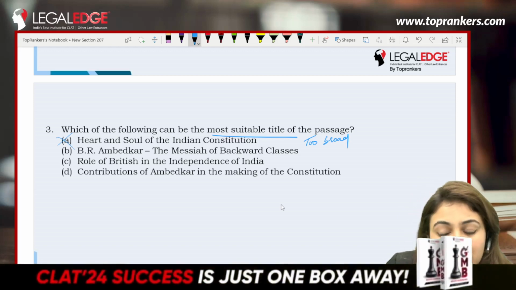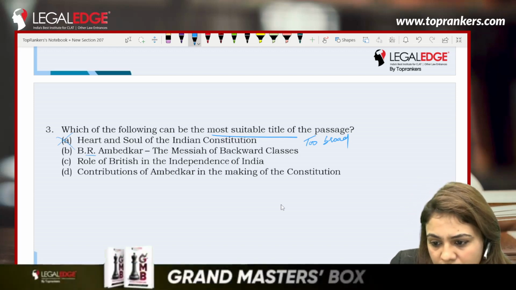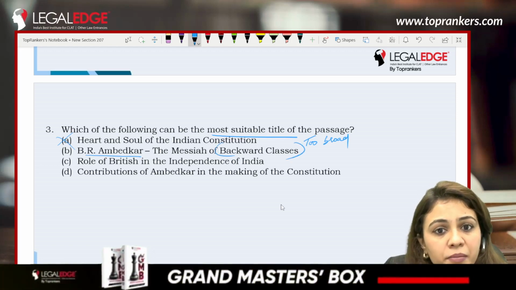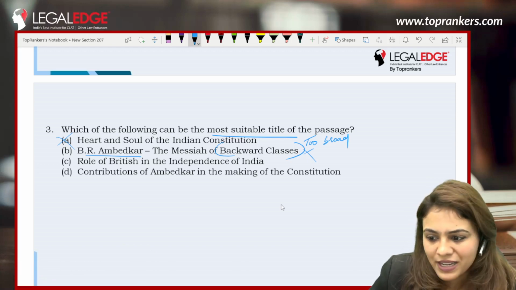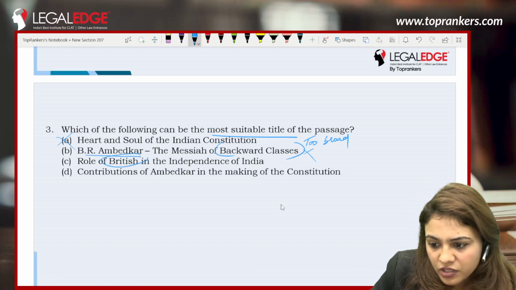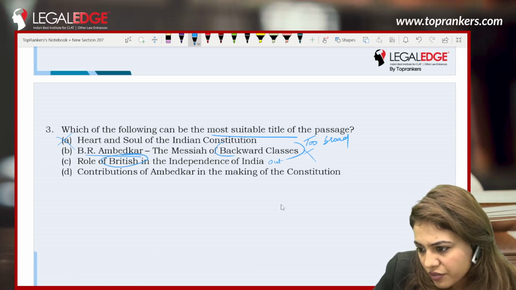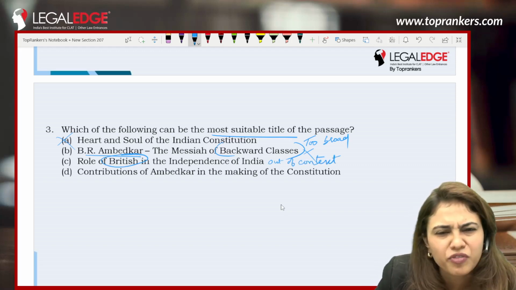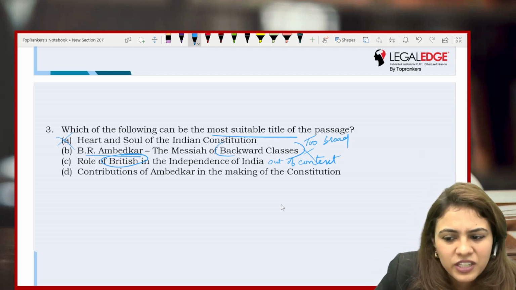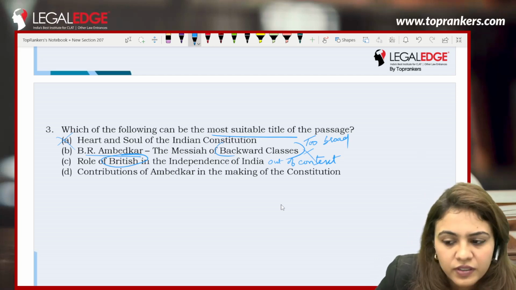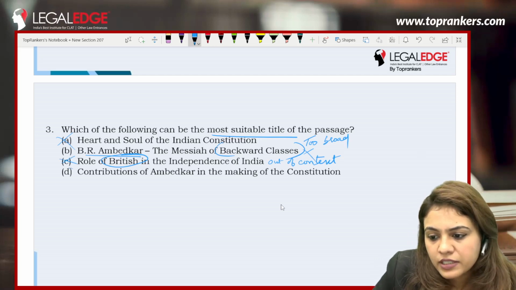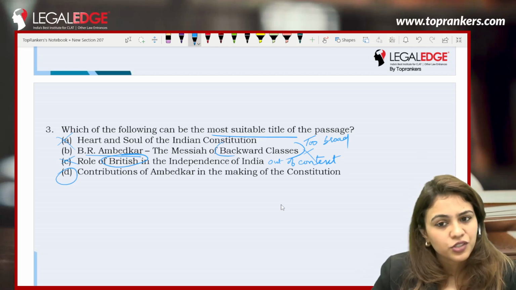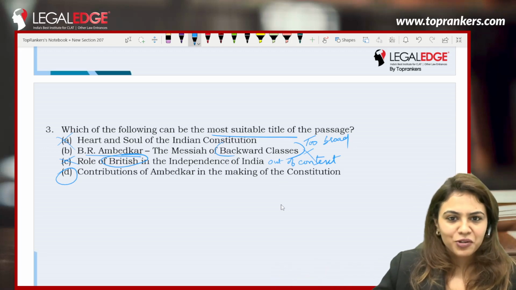B.R. Ambedkar, the Messiah of backward classes, ये टाइटल हो सकता था अगर इसमें बैकवर्ड क्लासेस के बारे में बात होती, which did not happen in the passage. Role of British is out of context, कहीं भी ब्रिटिशर्स के बारे में बात हुई नहीं है except for one or two occasions, and we did not really talk about the importance of the Britishers anywhere. So eliminated, which brings me to our answer, contributions of Ambedkar in the making of the constitution. I think it was easy peasy, right?